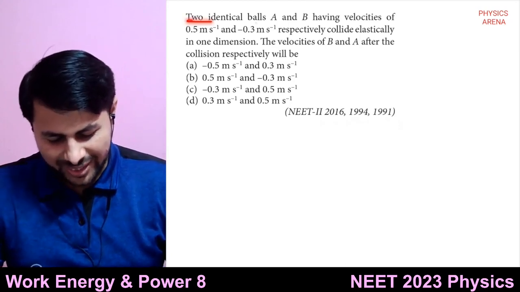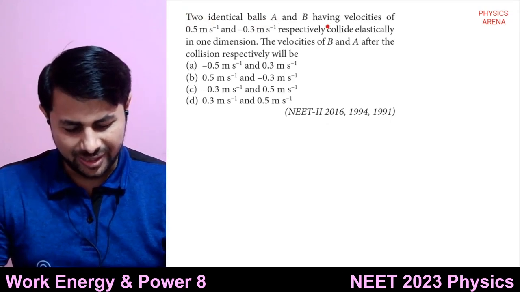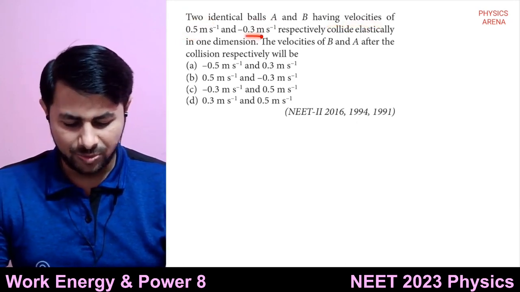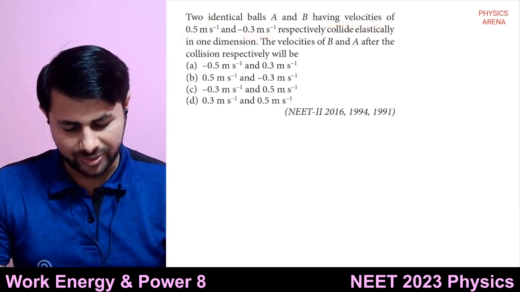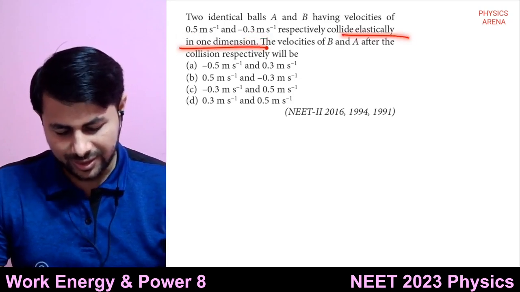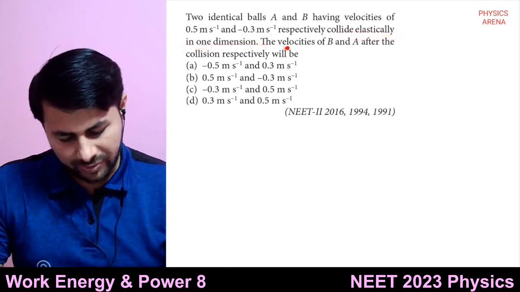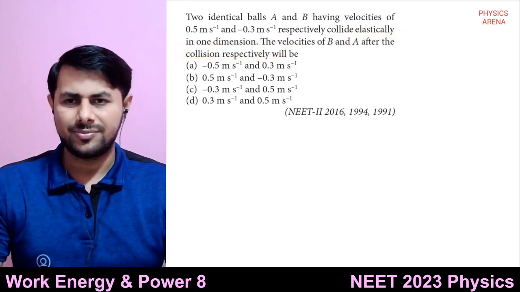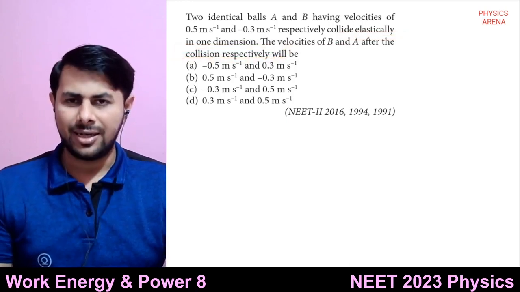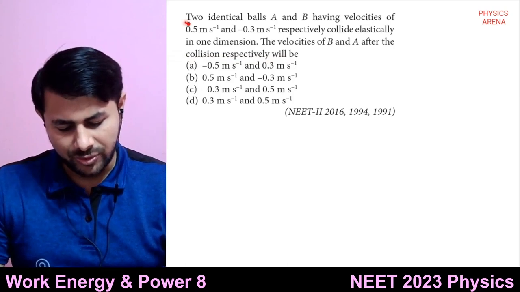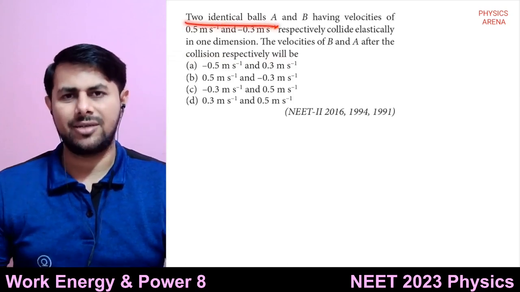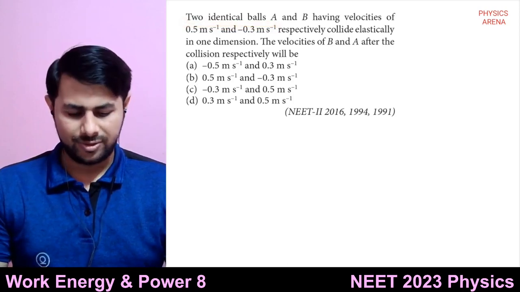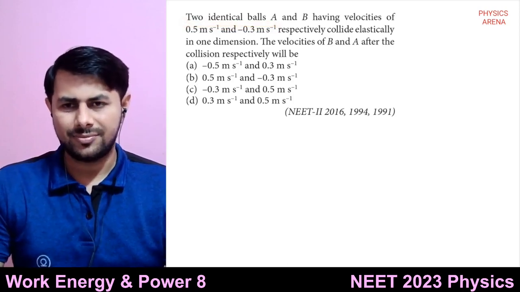So two identical balls A and B having velocities of 0.5 meters per second and 0.3 meters per second respectively collide elastically in one dimension. The velocities of B and A after the collision respectively will be. They collide elastically. Okay, two identical balls. That means their masses are equal. So tell me what's the answer?